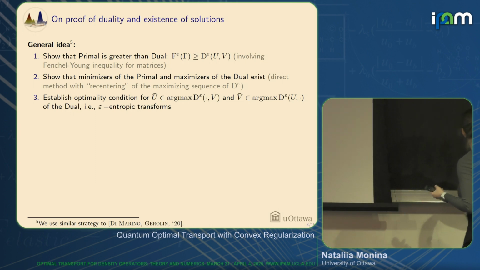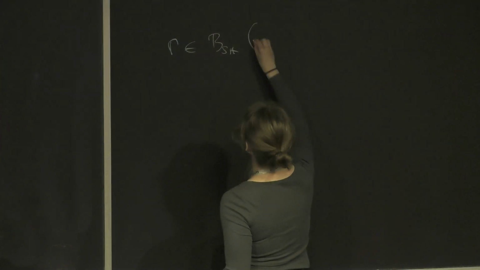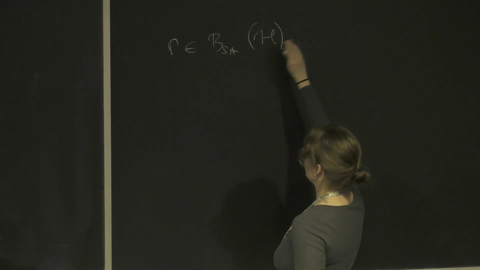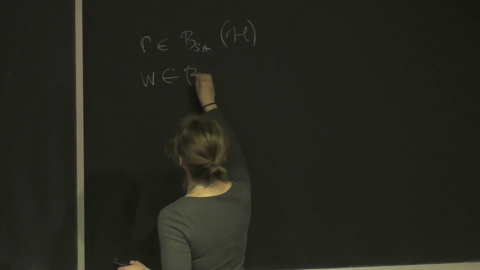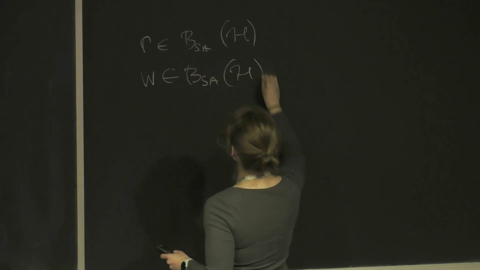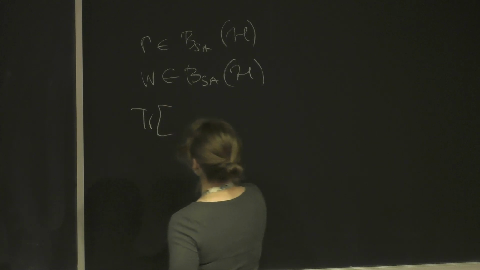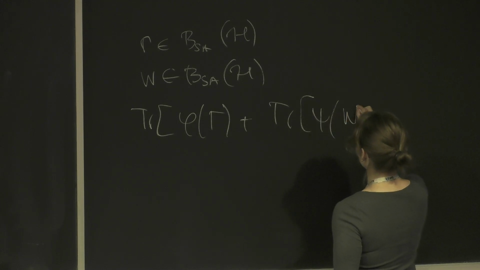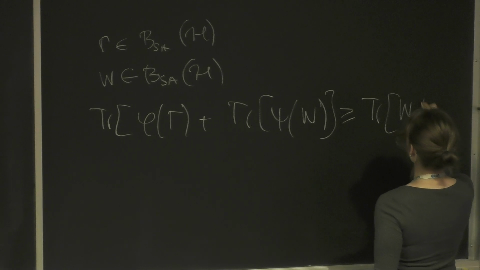I can write it on the board probably. If you have gamma self-adjoint on some space H, and here H is finite dimensional, so it's isomorphic to C to some power n, and W also self-adjoint, then we can always say that the trace of phi(gamma) plus trace of psi(W) is always greater or equal than trace of W gamma.